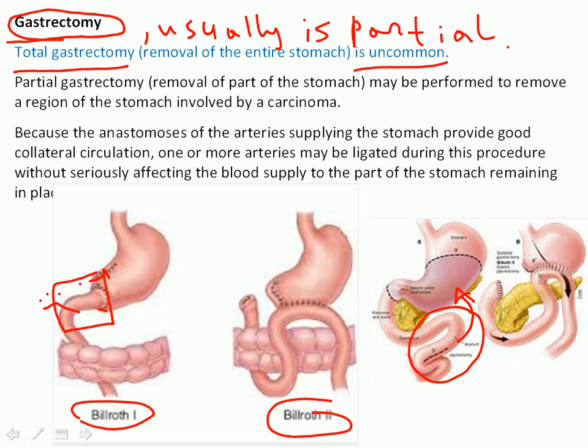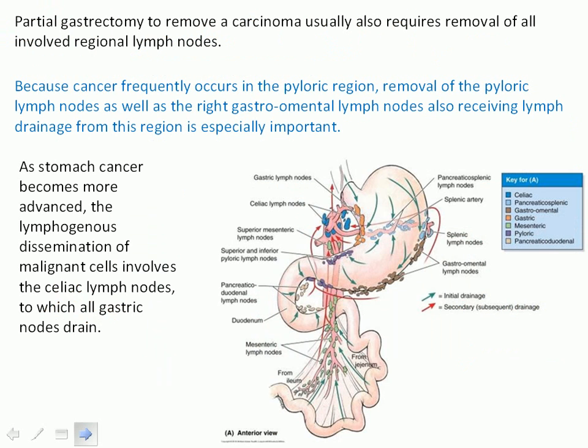Because of the anastomosis of the arteries supplying the stomach, they provide very good collateral circulation. One or more arteries could be easily ligated without any serious changes in the blood supply of the stomach. After partial gastrectomy, patients may retain some functions of the stomach, and even though, of course, it will not be a normal life, they can adjust their eating patterns to the significantly decreased volume of the stomach.